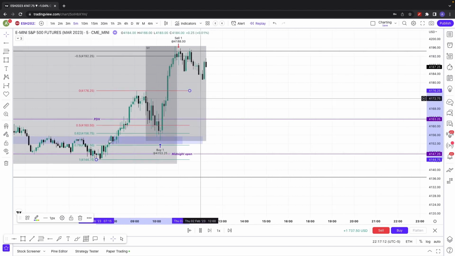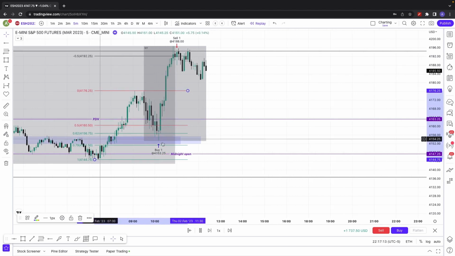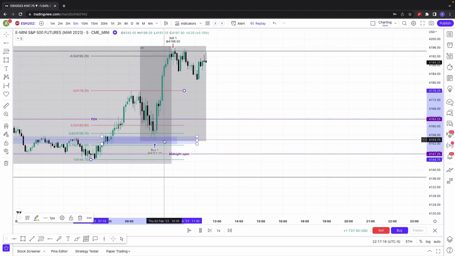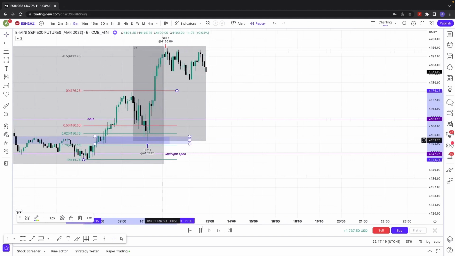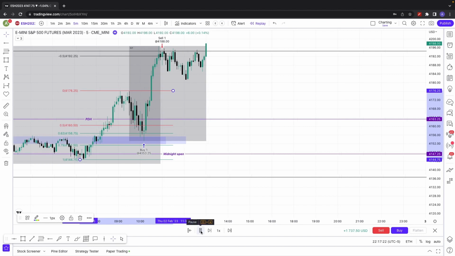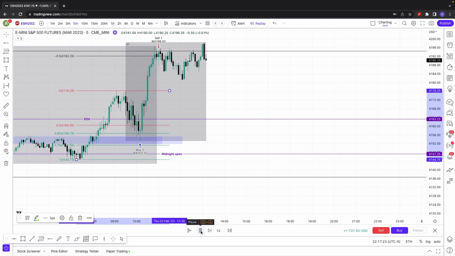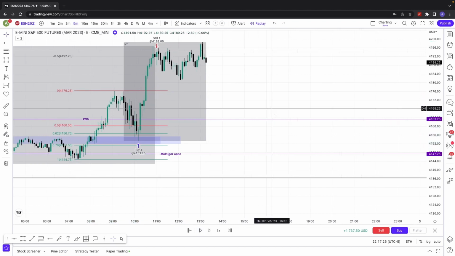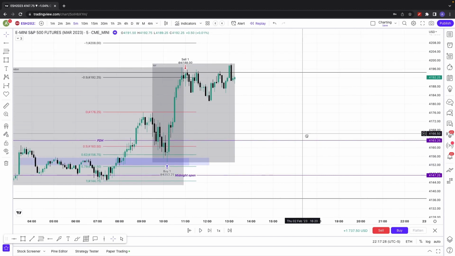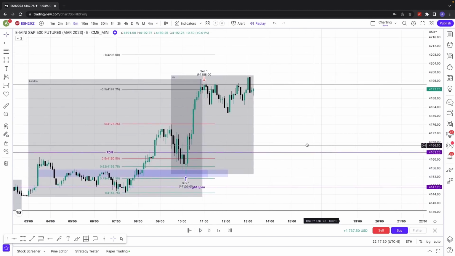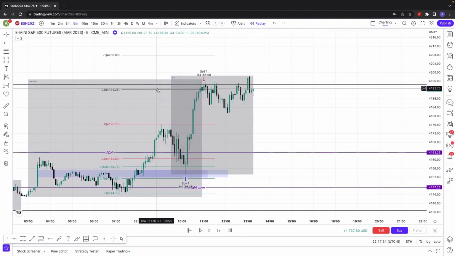We have a narrative. We have confluence for why price is going to where it goes. We get to our first target right here.